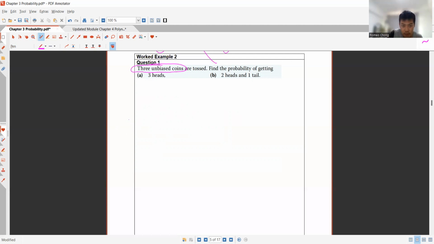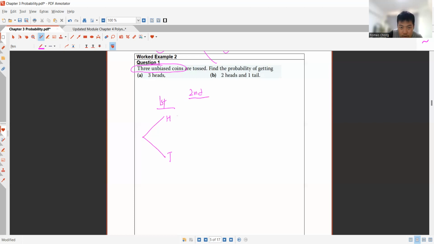Okay, so let's draw the tree diagram first. So we have the first coin. Let's say this is your first coin. And you have 2 outcomes, right? Which is head and also tail. Then the second coin, you also have exactly the same outcomes. I'm not sure whether there is enough space. I think enough.